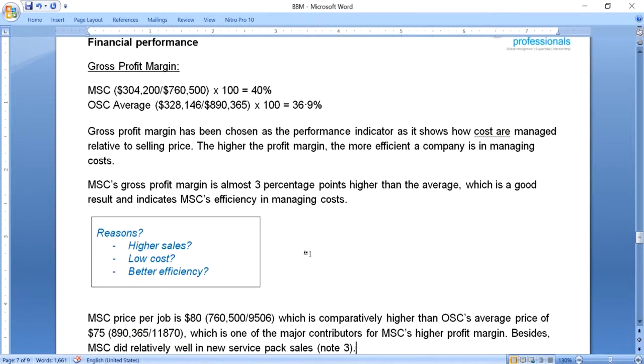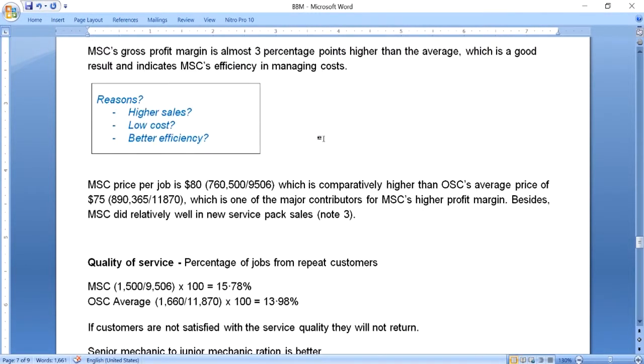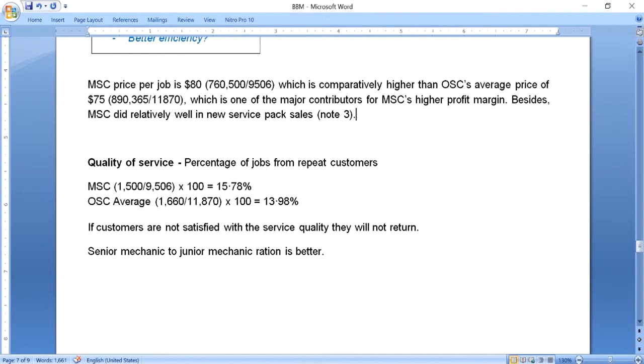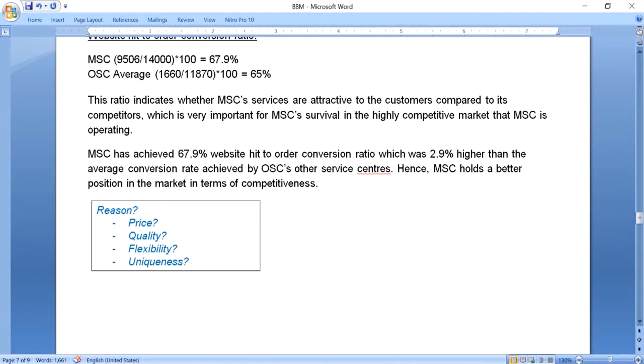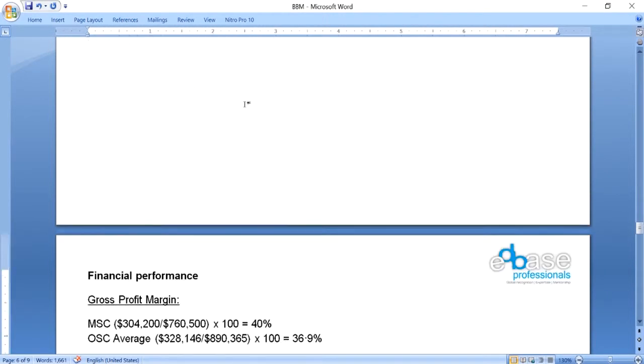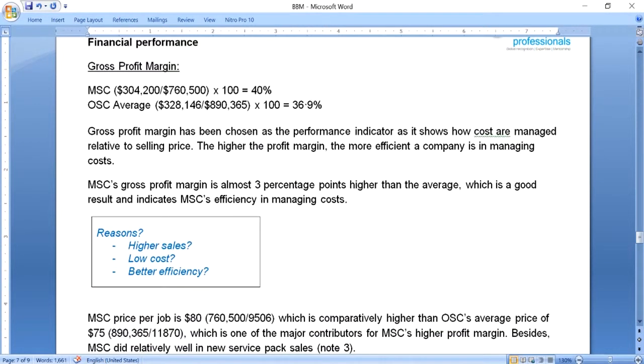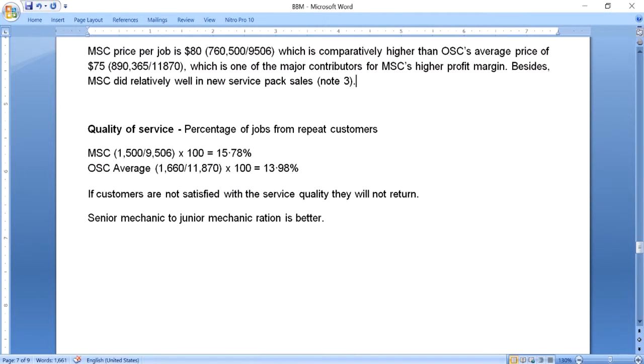Okay, so let's jot down some points. For financial competitiveness, I have already written the answer. For financial performance, I have already written the answer. For other dimensions, let's just give you some ideas on how you can select the key performance indicators, or how you can select the reasons.